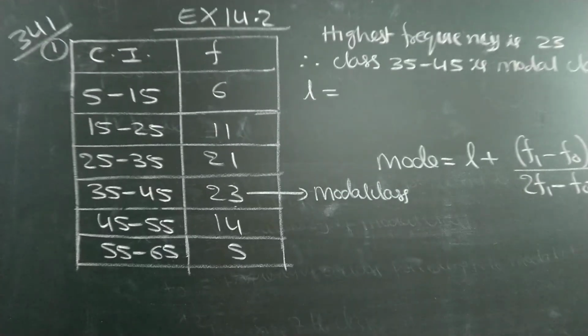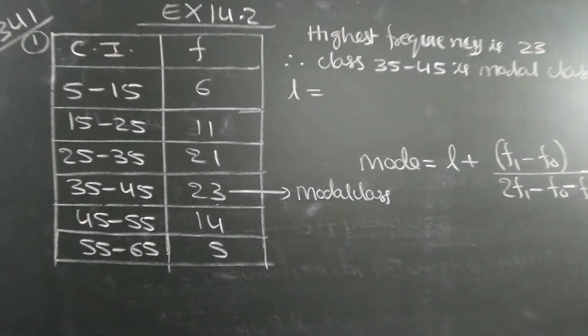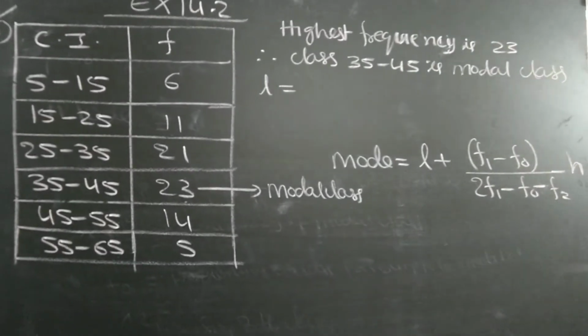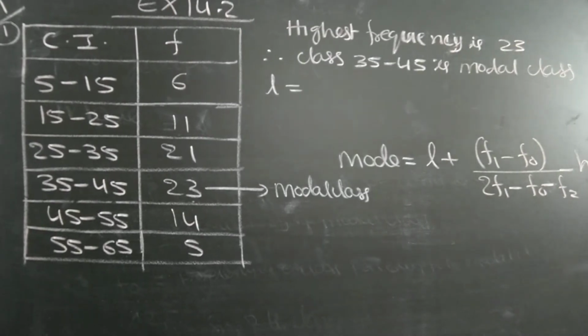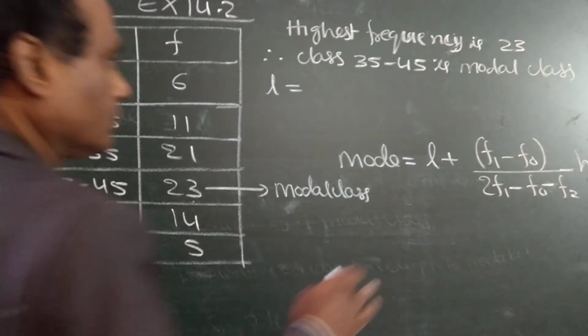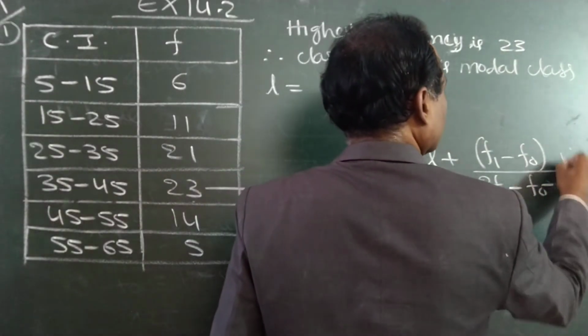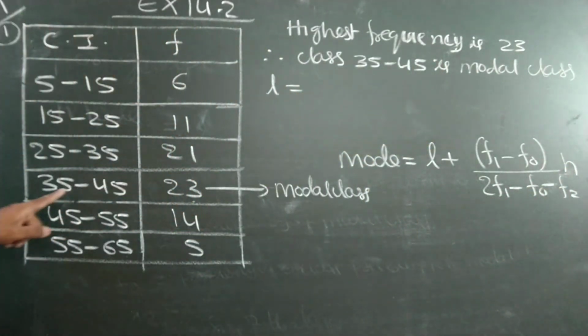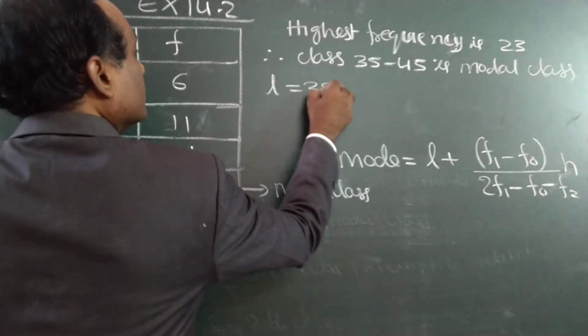That is the formula, and in that you find all the values. L is the lower boundary of the modal class. See here, the lower boundary of the modal class is 35.